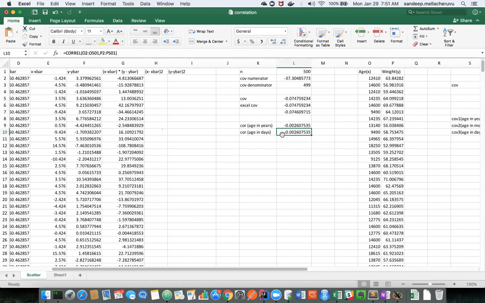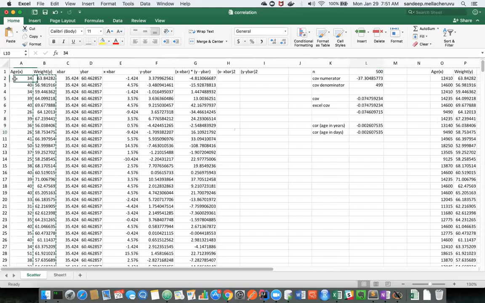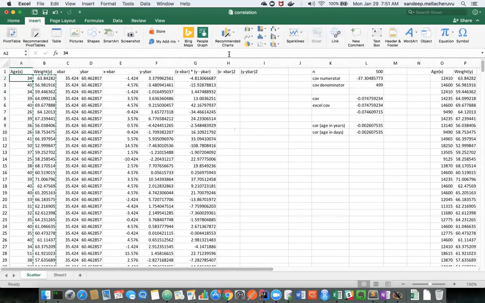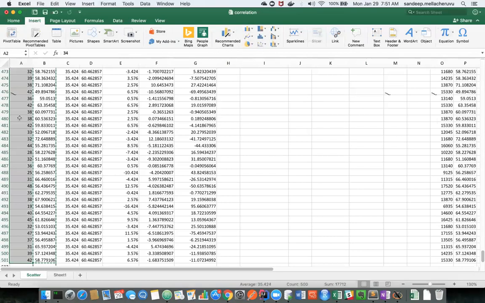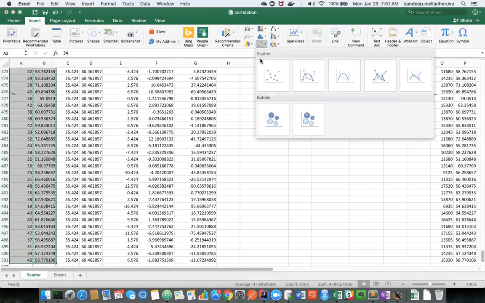The value is really representing the data. Now, what is the value here? What is the strength of the relationship here? It's very less, 0.003. That is the reason why you are seeing this kind of graph.